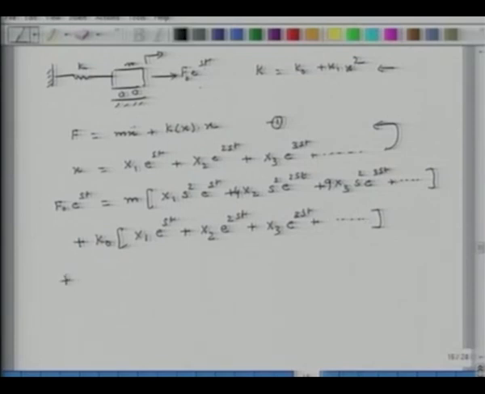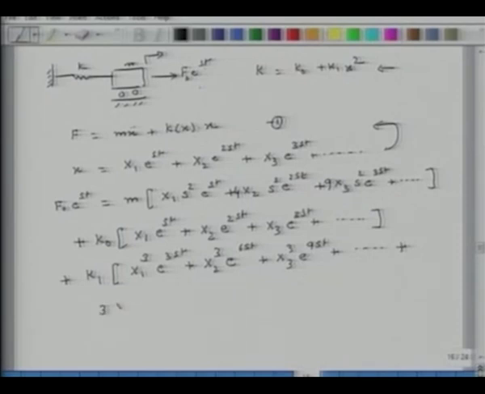Plus K1 times x1 cube e^(3st) plus x2 cube e^(6st) plus x3 cube e^(9st) plus, and then there will be cross coupling terms.